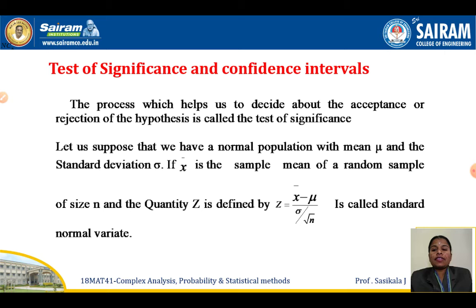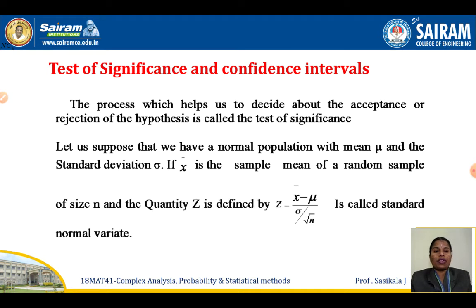Let us suppose that we have a normal population with mean mu and standard deviation sigma. If x bar is the sample mean of a random sample of size n, and the quantity z is defined by z equals (x bar minus mu) divided by (sigma by root n), it is called the standard normal variate.